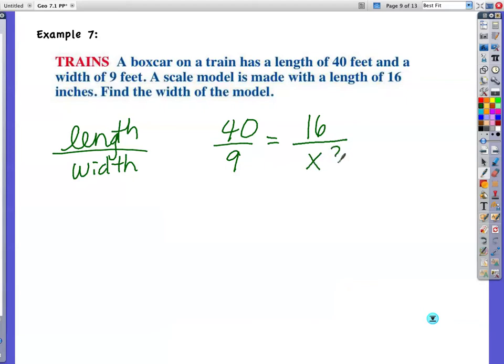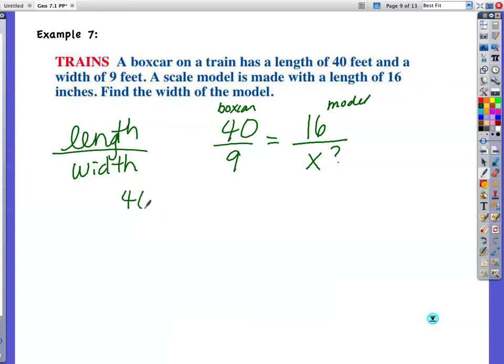We don't know. Now, there's other ways to set this up, and I don't know if I should show you every single one. But you can set it up like this because you're saying length to width on the boxcar is the same as it is on the model, the length to the width. You could also do this.